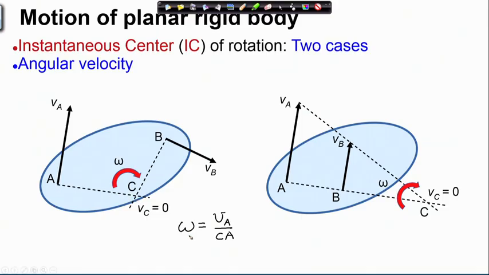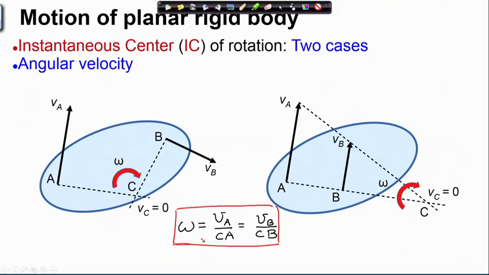So, you know that omega cross C a must be V a, and similarly omega cross C b must be V b. So, therefore, this must also be equal to V b by C b, and this is valid for both the cases that I have shown you.